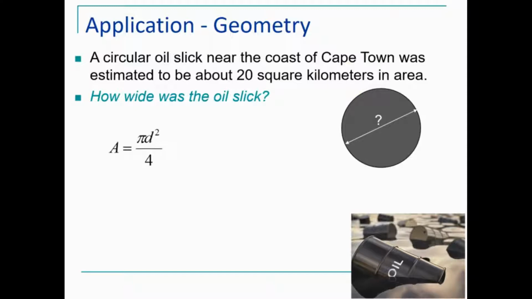The area formula for a circle is found by taking pi times the diameter squared divided by 4. The area is 20, so we'll replace A with 20, and pi, an estimated value, 3.14.